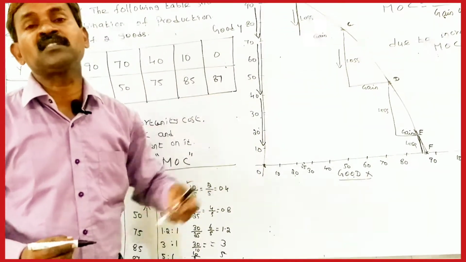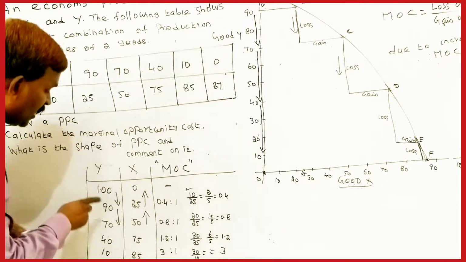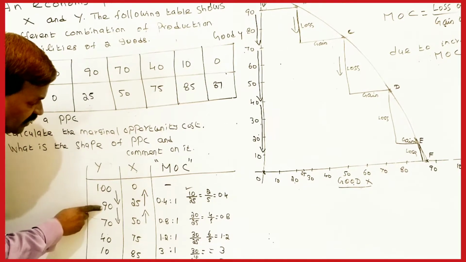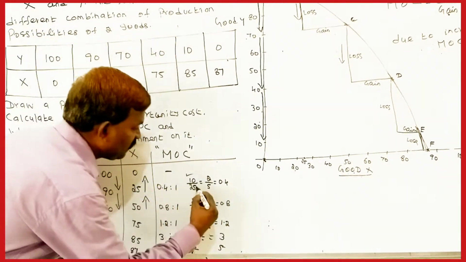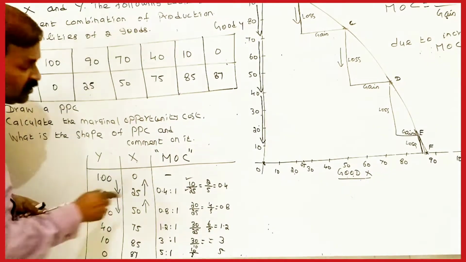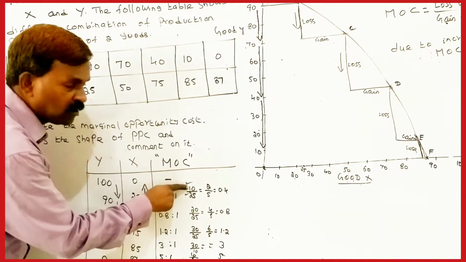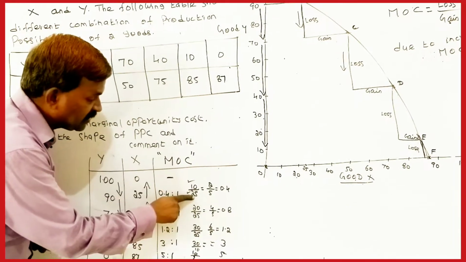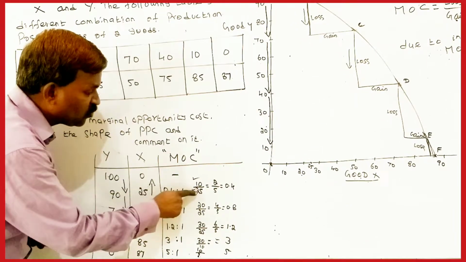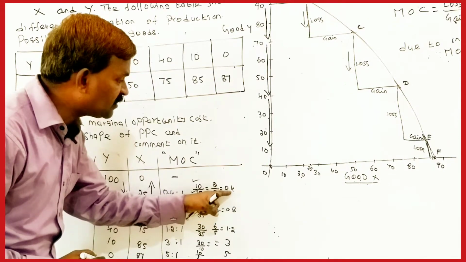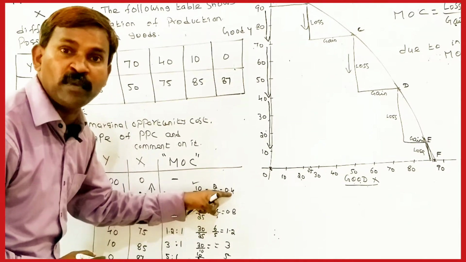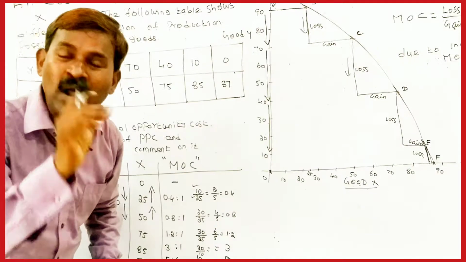Numerator is loss in the output of good Y. So here the loss in the output of good Y is 10. And what is the increase or gain in the output of good X? 25. That is the denominator. So the numerator is loss in the output of good Y and the denominator is gain in the output of good X. If you simplify, 2 upon 5, it is 0.4. 0.4 means 0.4 is to 1.